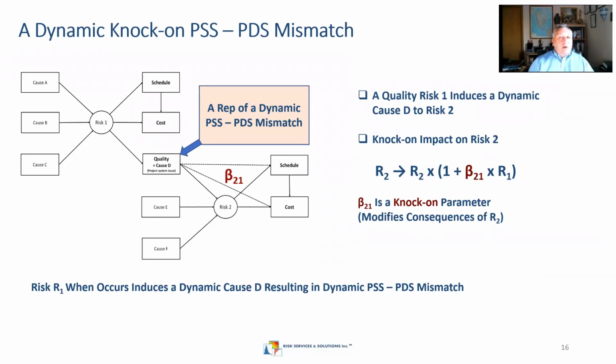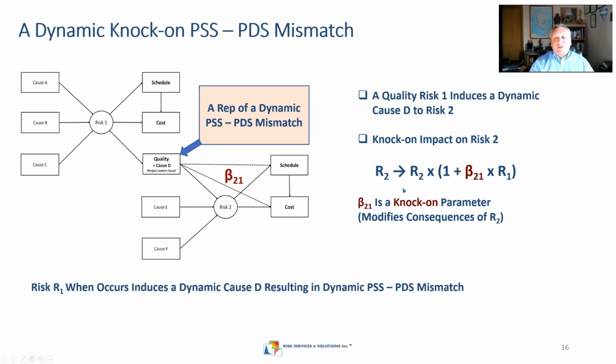Then we need to talk about the previously discussed knock-on PSS, PDS mismatch interaction. Say risk one happens in engineering, there would be a quality issue, and that quality issue will be discovered only in construction, because of that dynamic new cause D. The consequences in terms of cost and schedule will be much bigger than if that were a standalone risk.